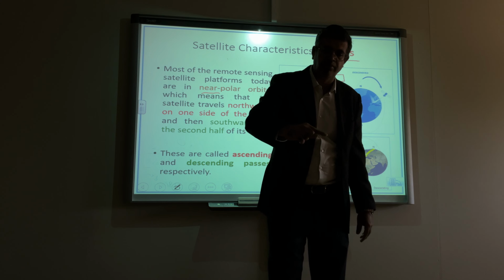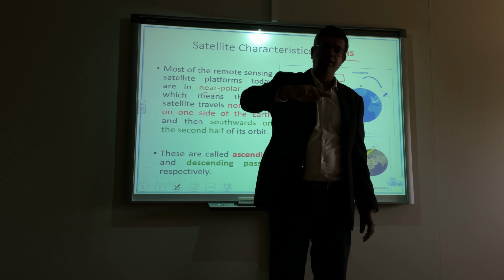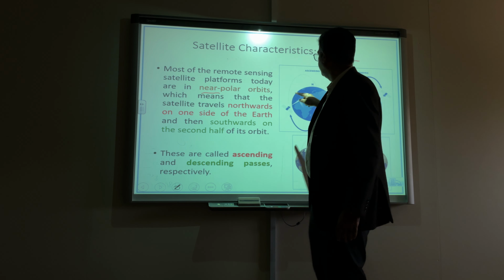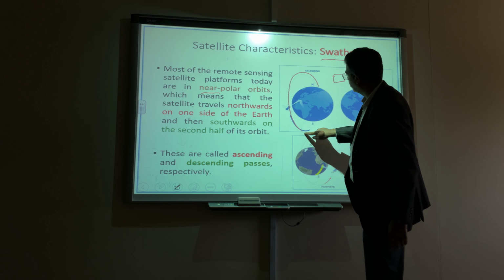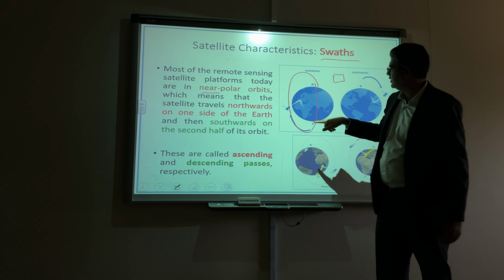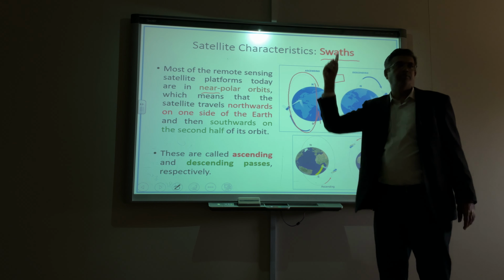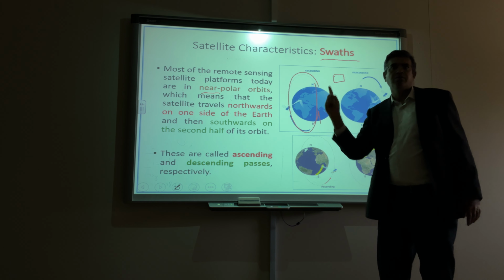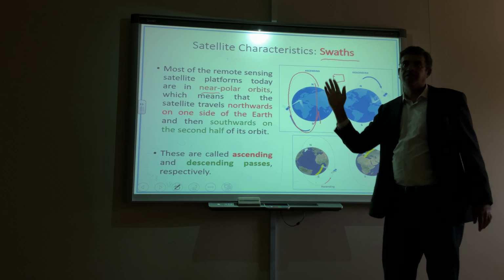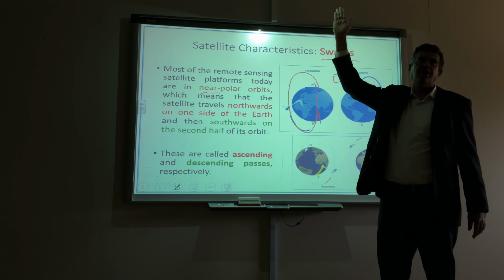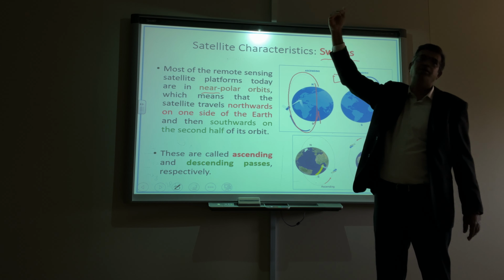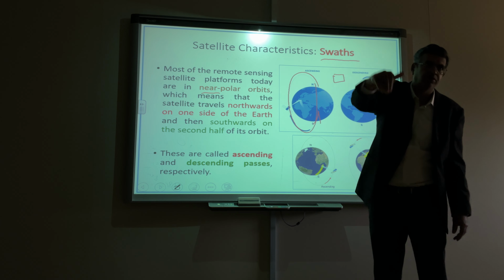Ascending means go from low to high. Okay? So when the satellite is moving from south to north, south pole to north pole, it is going up. So that is called as ascending path. When you go up, that is called as ascending. And in the other direction, it is coming from the north pole, north direction to the south direction.